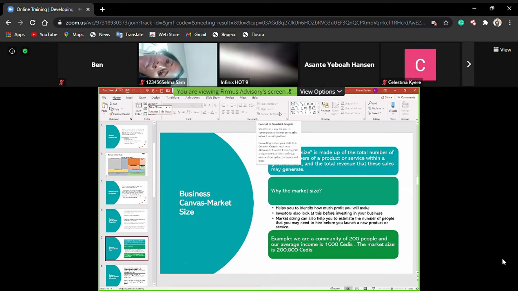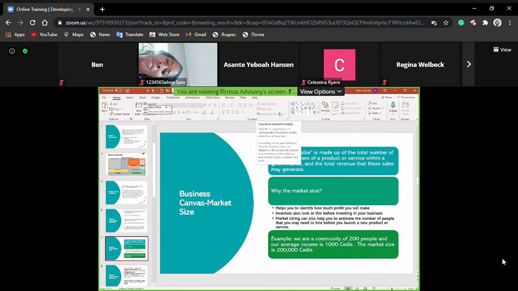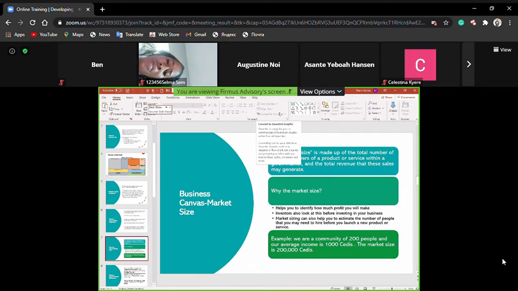So the entire market size of Ghana would be the total population of Ghana times averagely how much people would spend on toothpaste. So if, let's say, averagely in a year, everybody spends, let's say, 100 cedis on toothpaste, and the population of Ghana is, I think, almost 30 million.